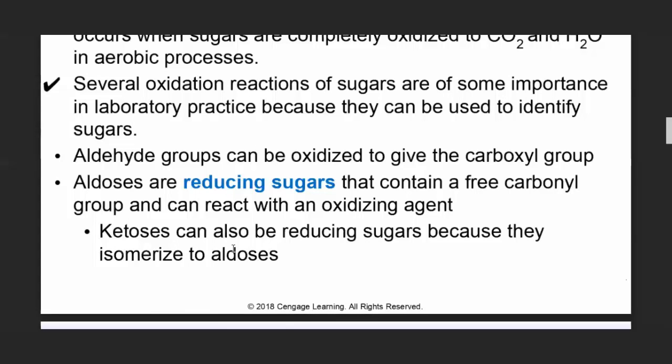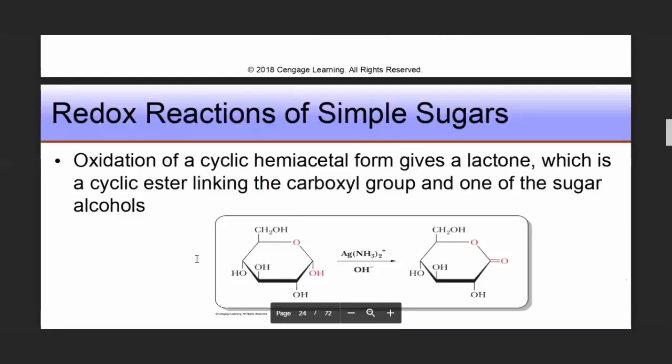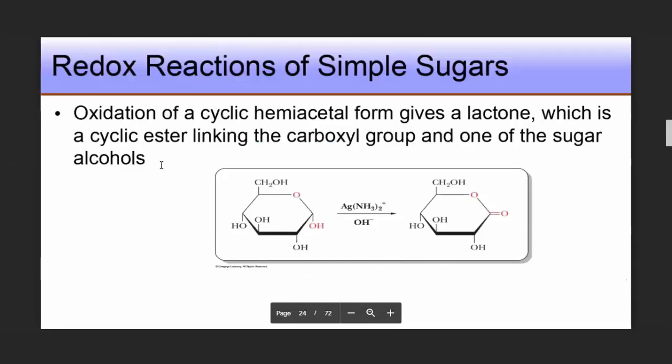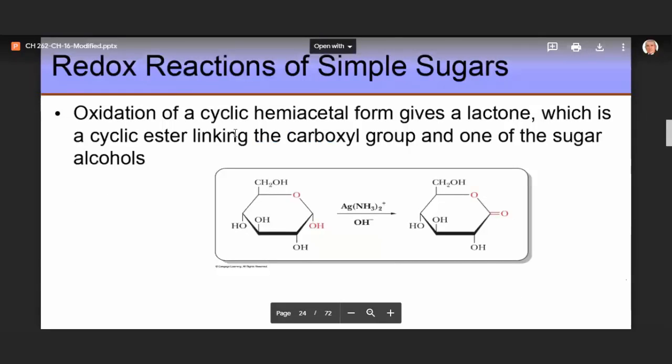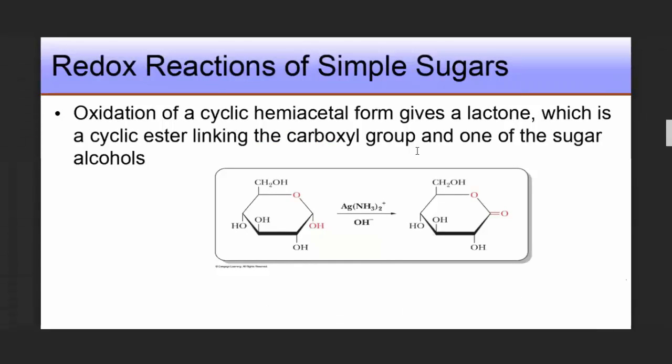Okay, now oxidation of a cyclic hemiacetal form gives a lactone, which is a cyclic ester linking the carboxyl group and one of the sugar alcohols.